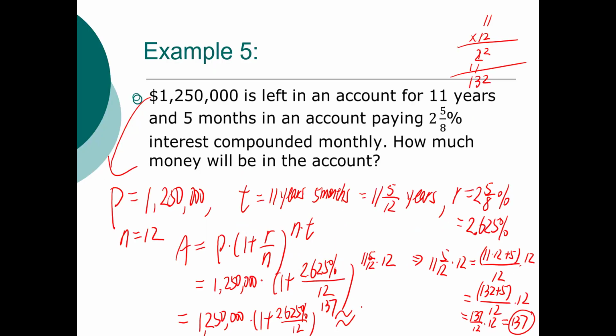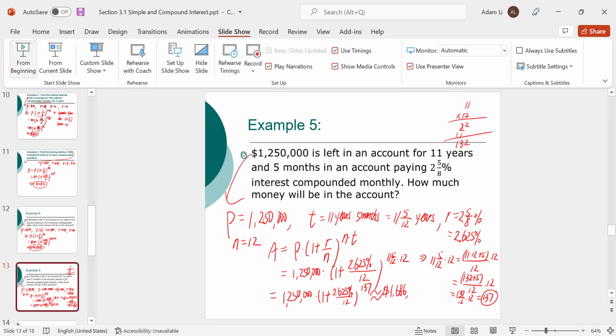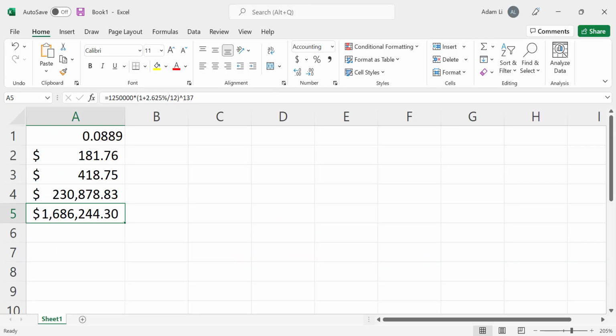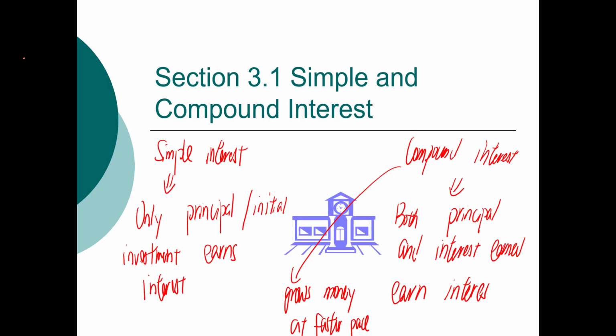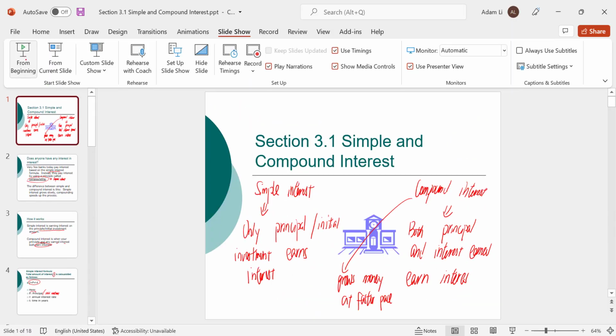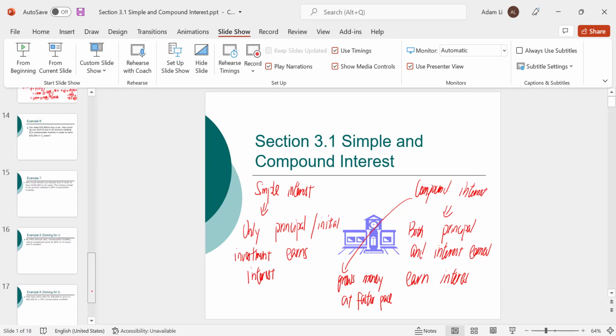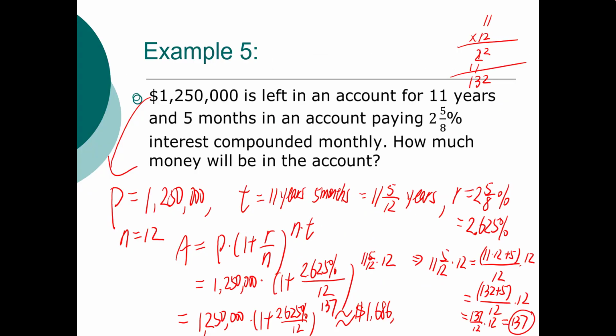So the answer here is $1,686,244.30. That's what the ending balance is after these 11 years and 5 months.